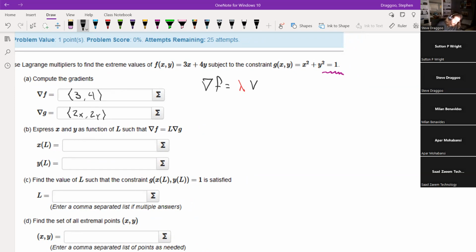So I want grad f equals lambda times grad g. I get the following: 3, 4 is equal to lambda times 2x, 2y.